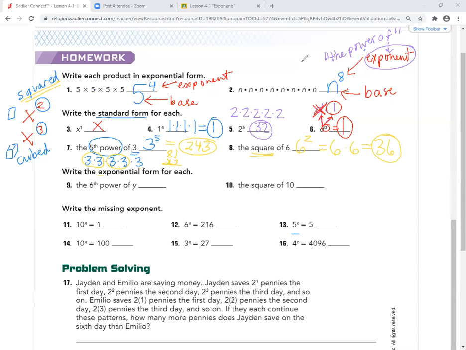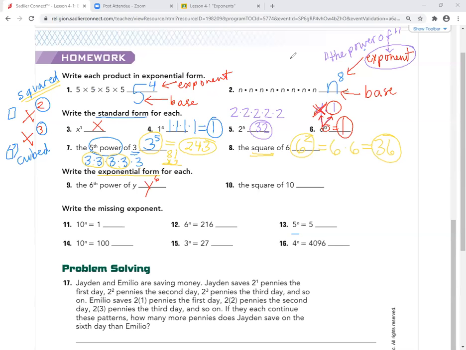Okay, the next set of problems asks us to write in exponential form. That's the form where you have a base and an exponent. So let's write the base and the exponent for number 9. The 6th power of y. What is the base? Y is the base. And what's the exponent? 6. Y to the 6th power.